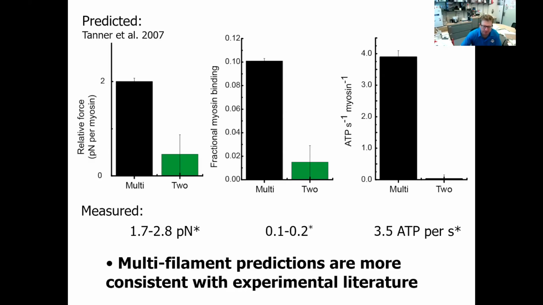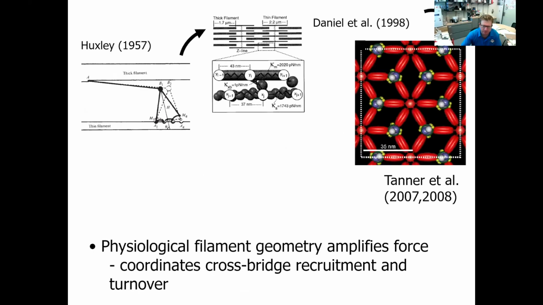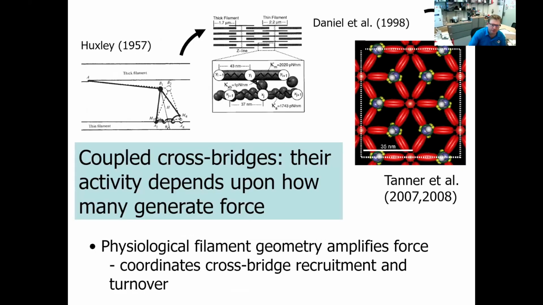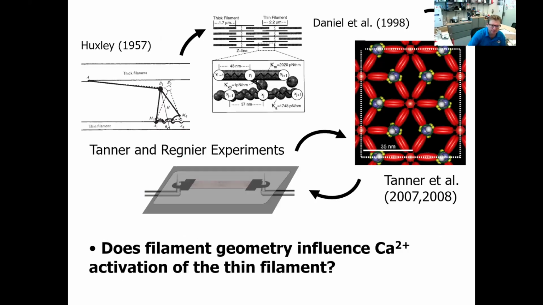So that seemed more consistent with the experimental literature. That was one finding: the geometry amplifies and coordinates cross-bridge recruitment and cross-bridge cycling. It seems that coupled cross-bridge activity depends on how many myosin are able to generate force, which depends on the geometry or system structure.